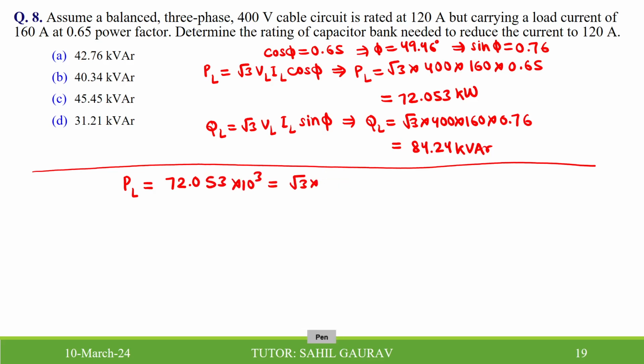VL is 400, IL will become 120. So therefore we can find the new power factor angle.